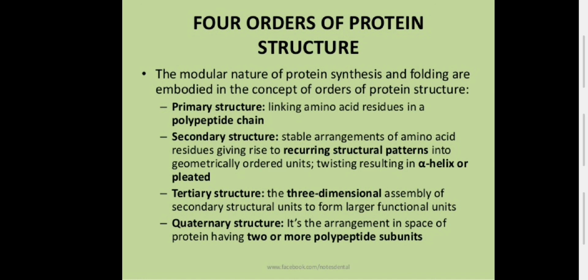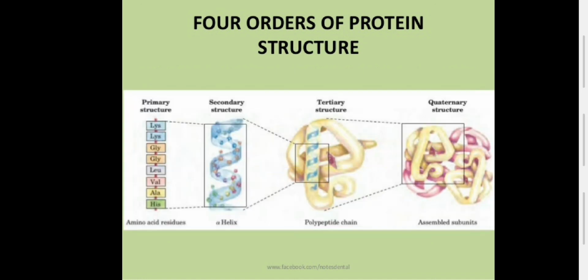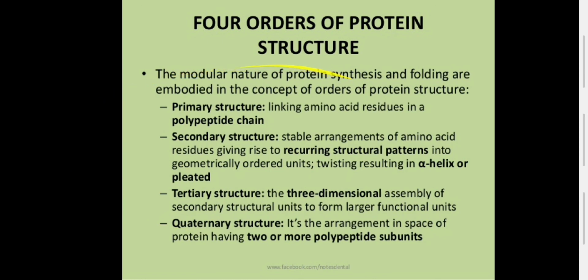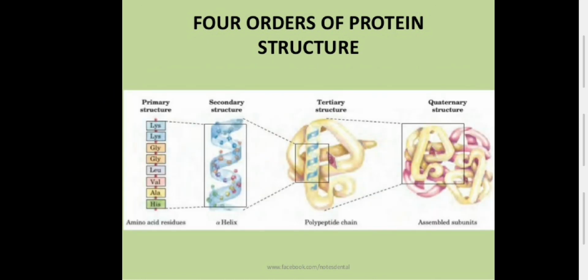That is basically the illustration of quaternary. I will be showing you that one. This is the illustration of the four orders of protein structure. We have the primary structure, the alignment of amino acids. We have the secondary, as I've said, with an alpha helix, or a spiral structure, as you can see.